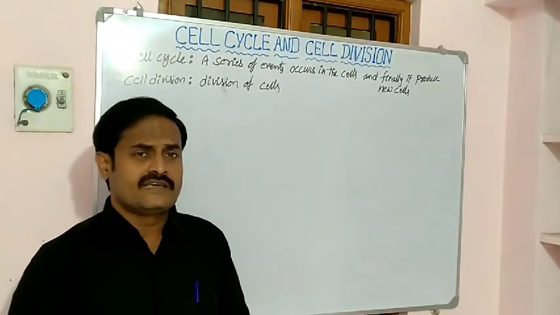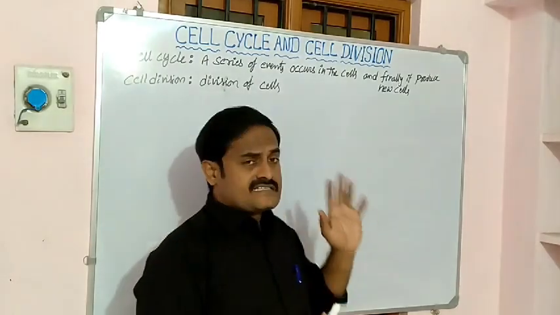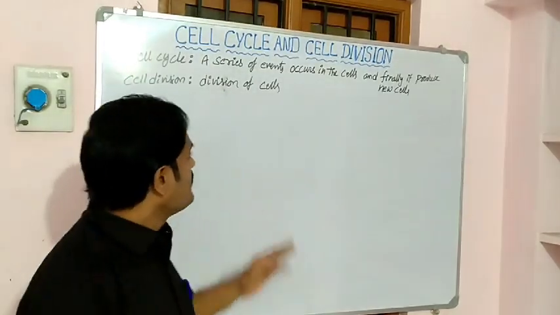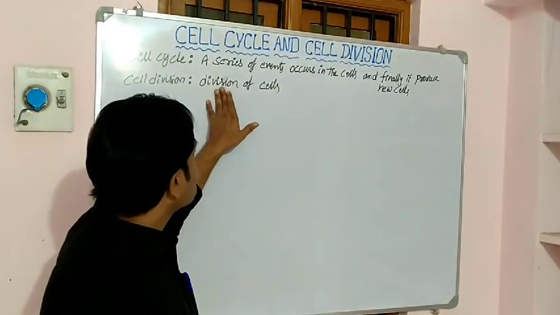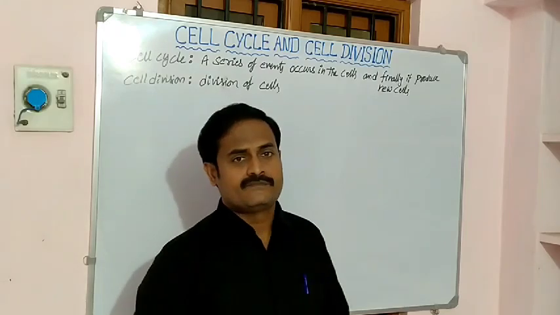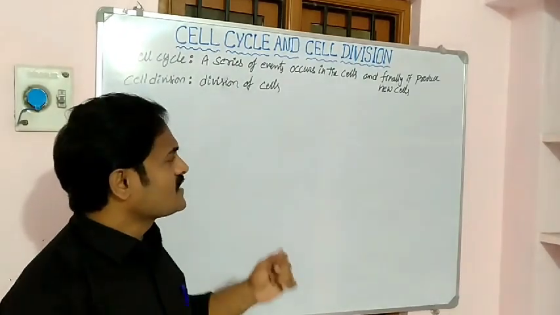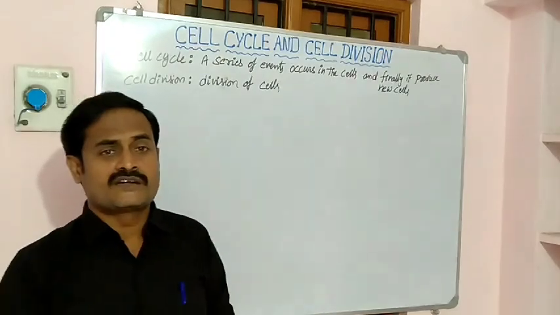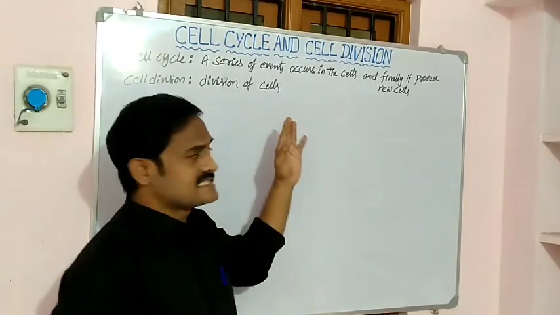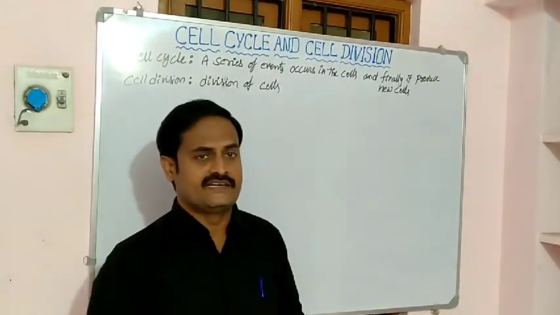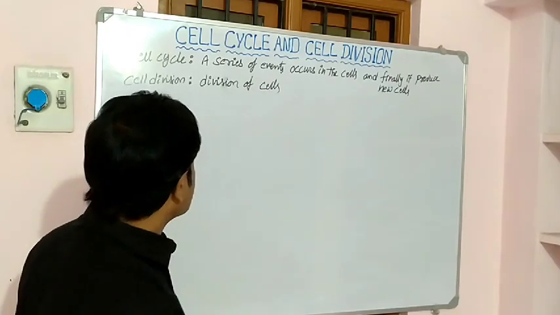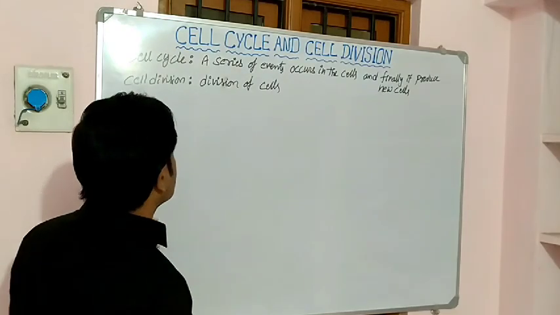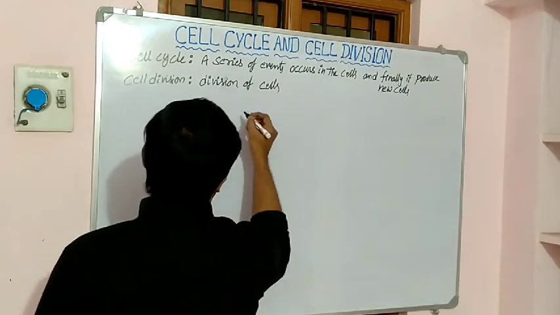See, how does the cell cycle occur in a human cell? Now I am going to draw a diagrammatic view to understand the cell cycle very clearly.